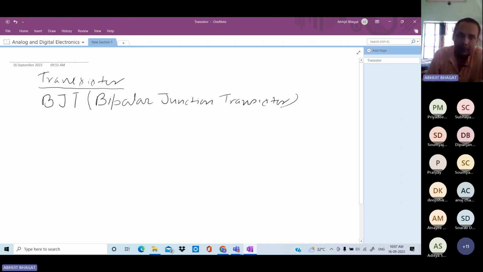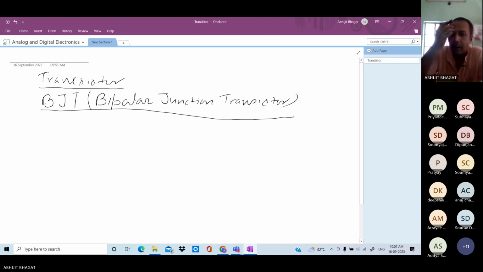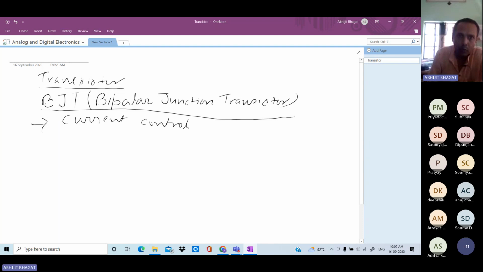Now this BJT, bipolar junction transistor, is a current control device. Current control device.